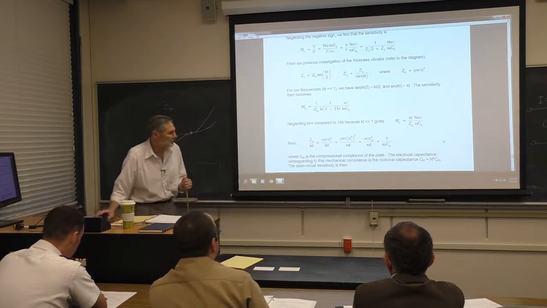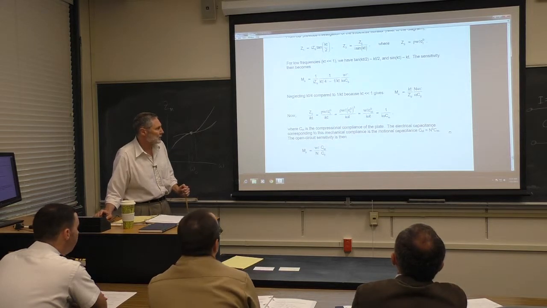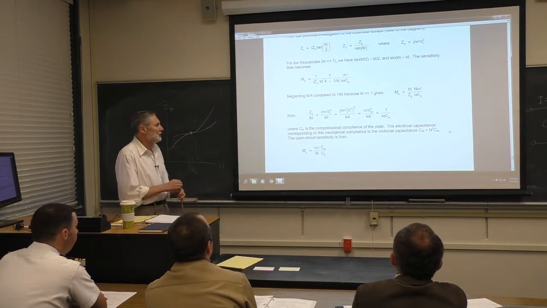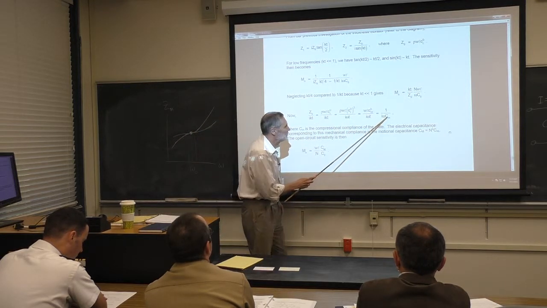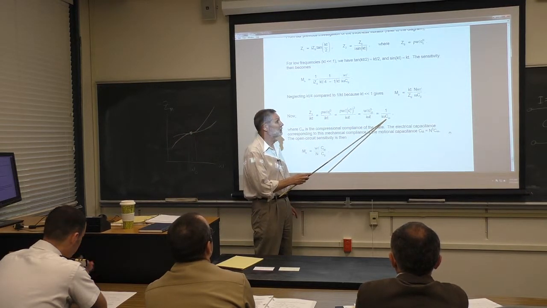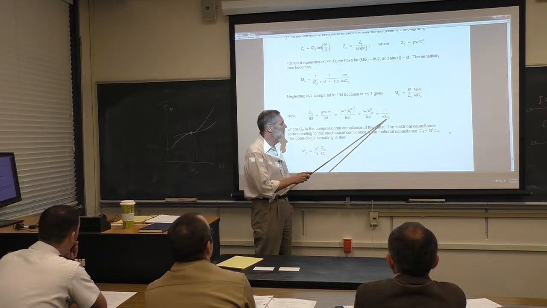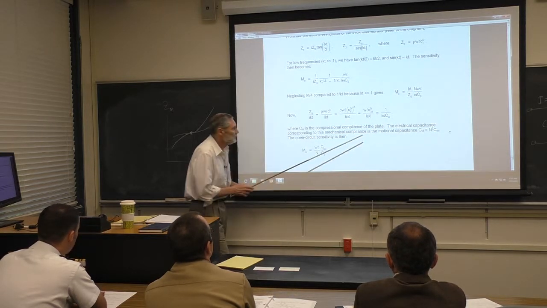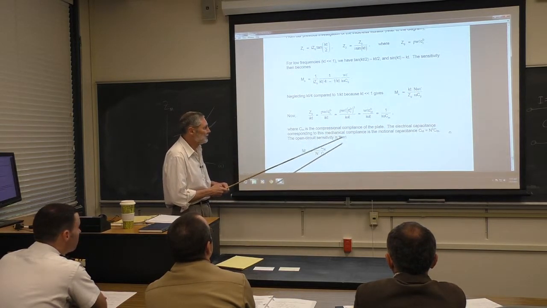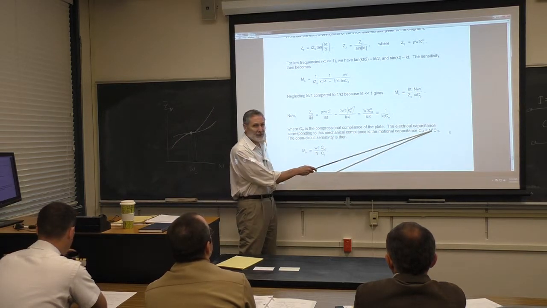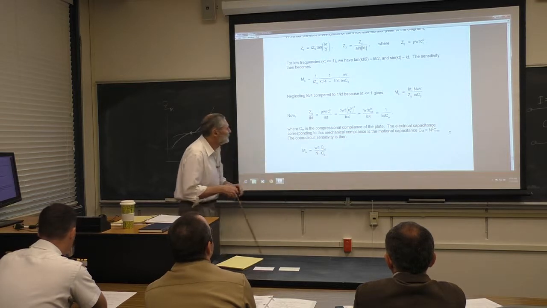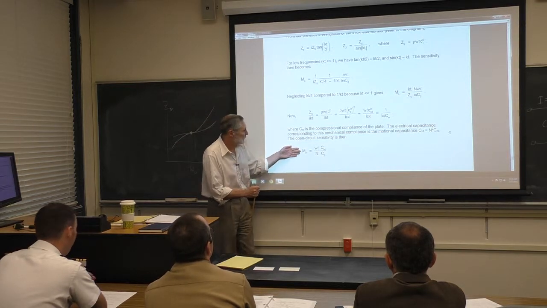There's one more step that people make that's probably not obvious to you, but I'll tell you why. This is a mechanical quantity, right? This compliance here. Often people go to the equivalent electrical, the motional capacitance in electrical units, which is related by a square of the ratio of turns. So when you do that, here's what you finally get.